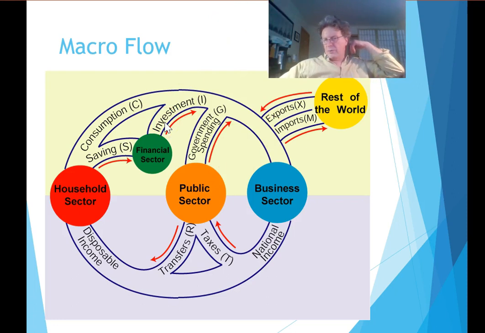Now, this is one word we have to be real careful about. Usually, if I say the word investment, most people think of buying stocks and bonds to save for the future, or save for retirement. That's the finance version. In macro, investment means business spending. Businesses buying computers, or building a new factory, or buying pencils.